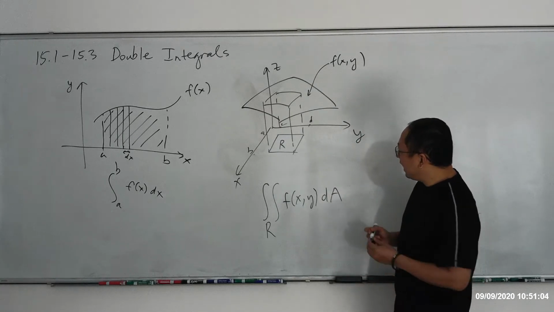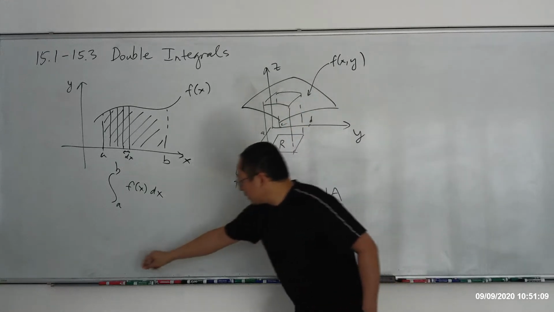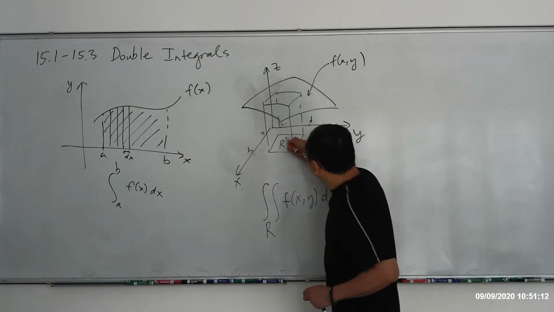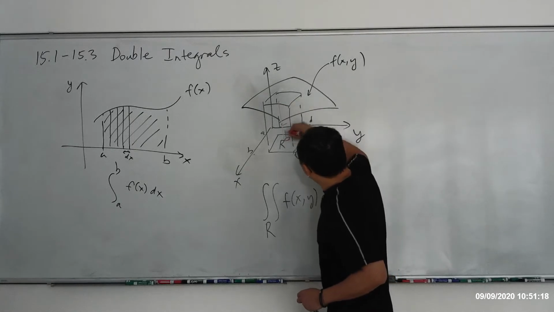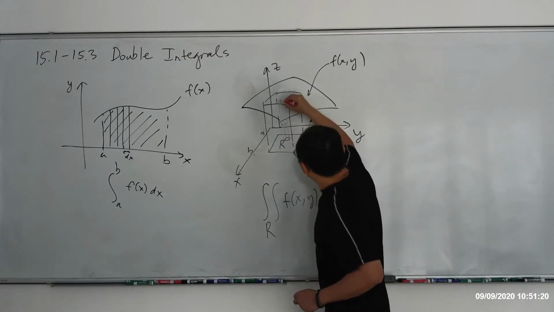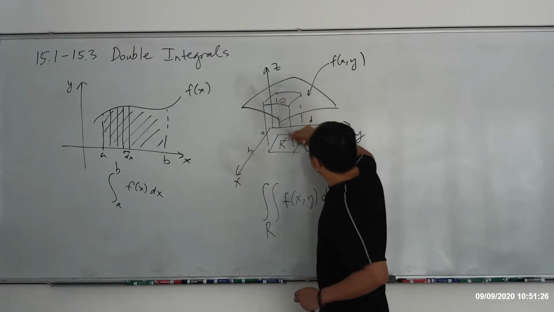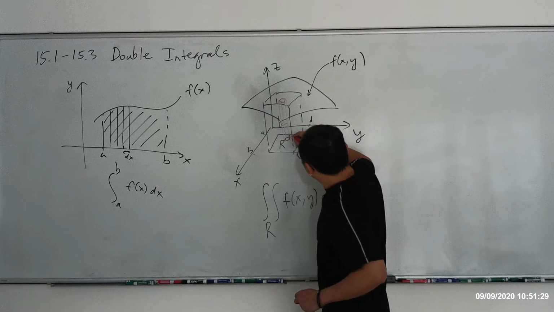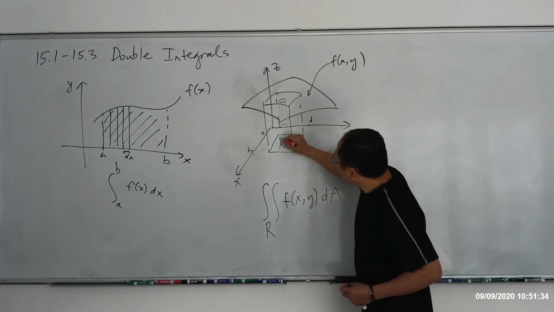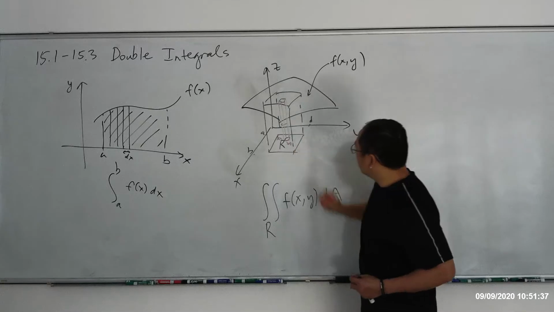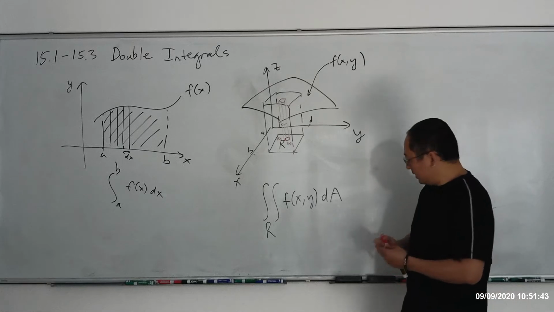So the idea is this: we're going to chop it up into many little columns, and we calculate the volume of each little tiny column. This one is dx, and this one is dy. So we calculate the little area of the base, which is dx dy right here, that is dA.